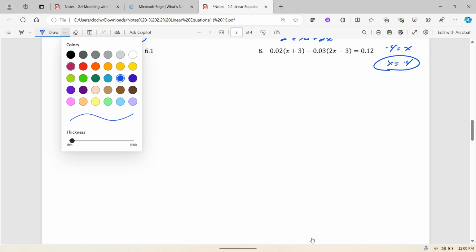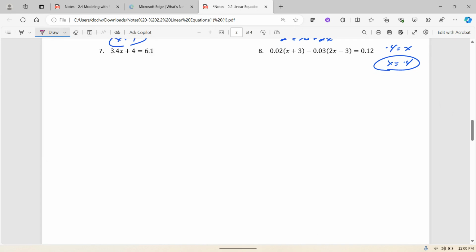Notice that in both 7 and 8, we have decimals instead of fractions. It works the same way. 3.4 is 3 4/10. I'm going to multiply the left side of the equation by 10 and the right side of the equation by 10.